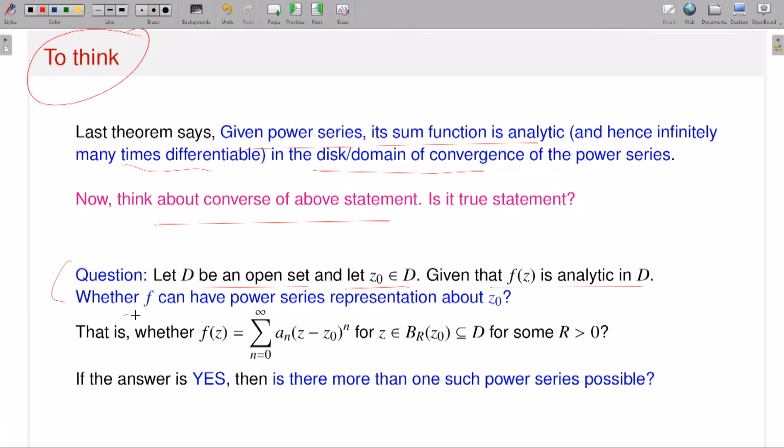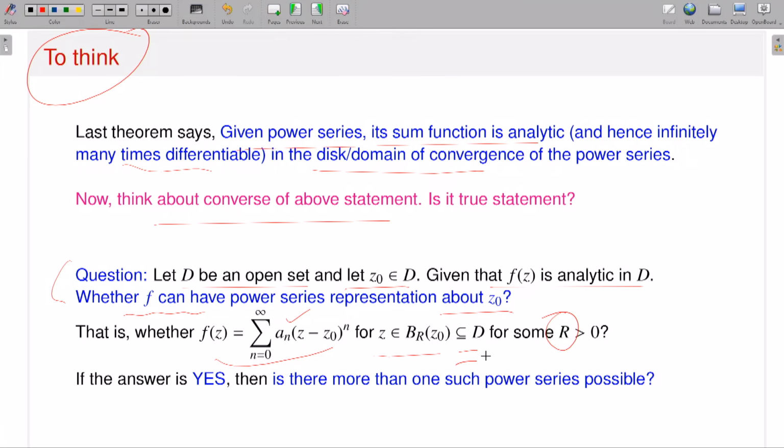The question is whether f can have a power series representation about the point z0. In other words, can I write f as the sum of a_n (z - z0)^n for all z around z0, with some radius R, sitting inside D?